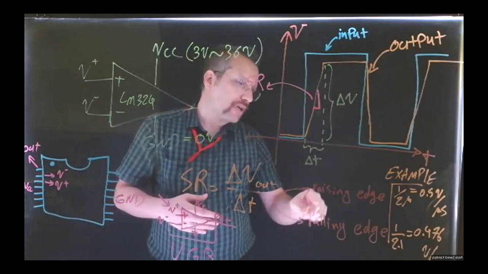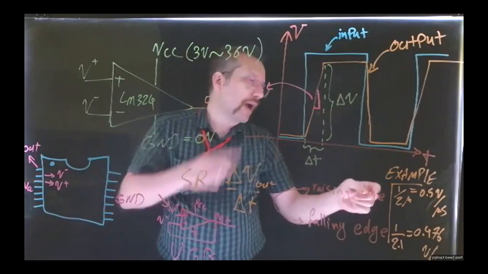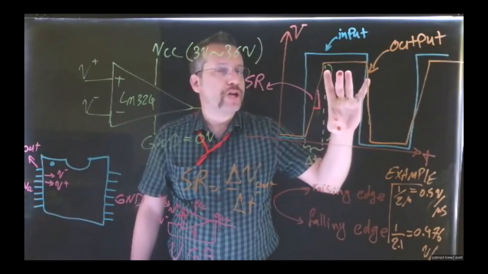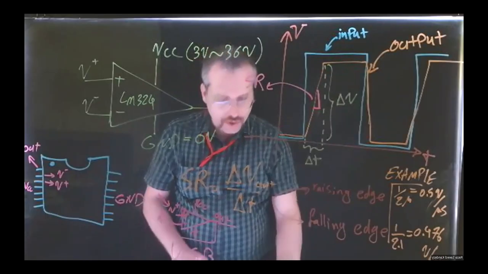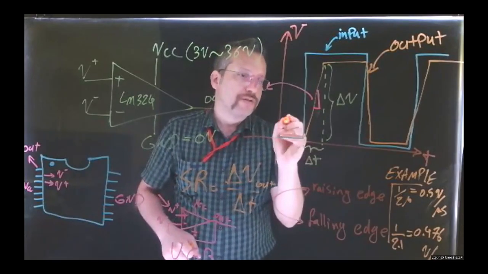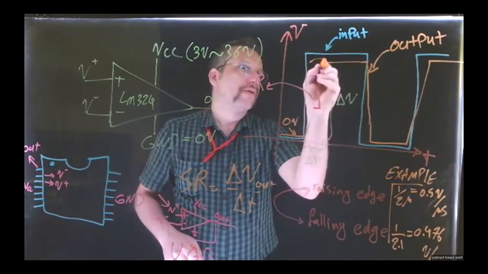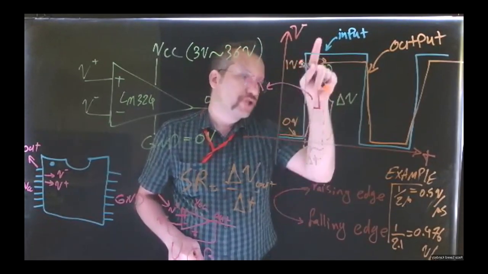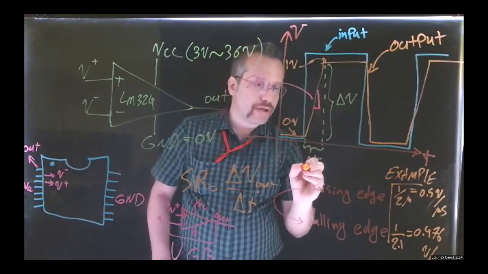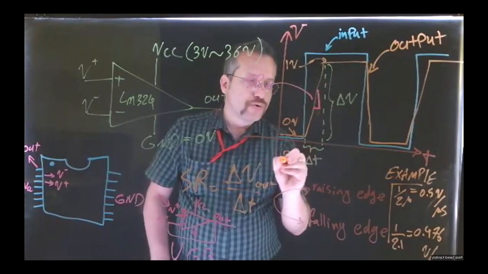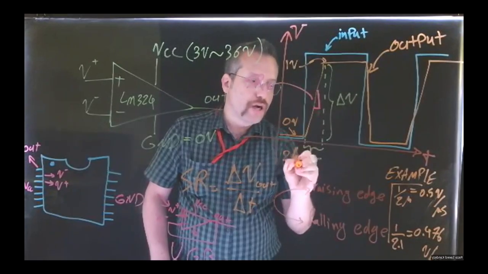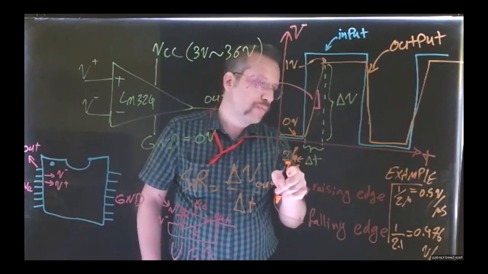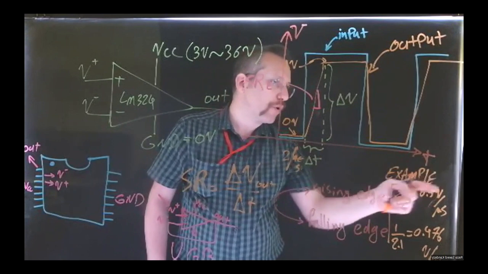Like, I have an example: if we have a 1 volt change in output, so it changes from 0 volt to 1 volt, and this change happened, for example, in 2 microseconds, then our slew rate is 1 over 2 microseconds, which is half a volt per microsecond.